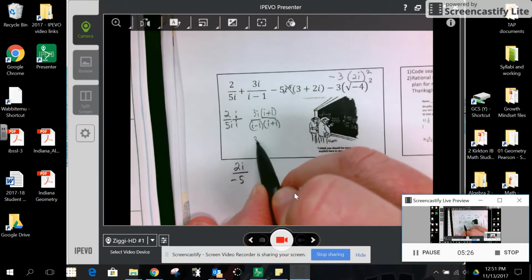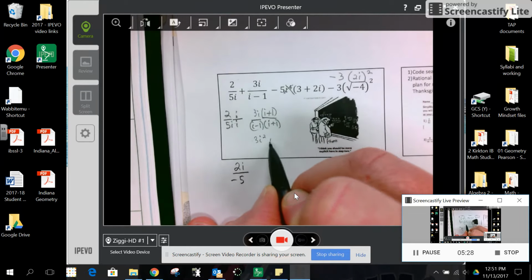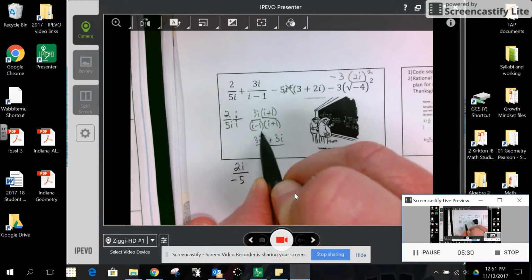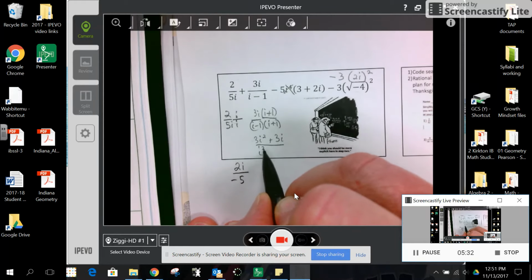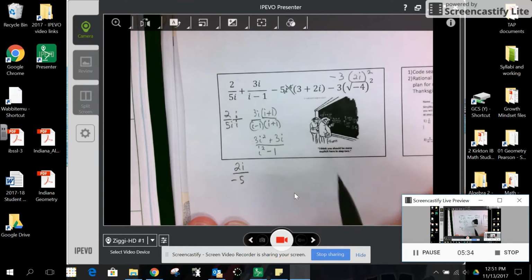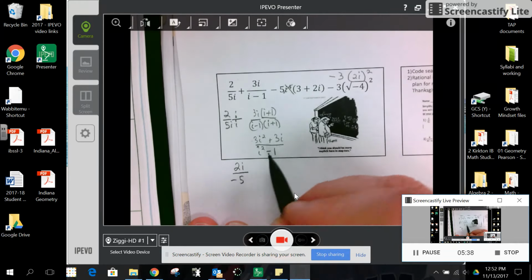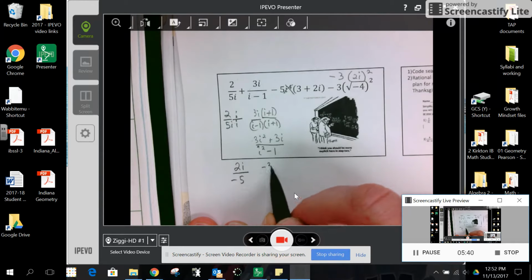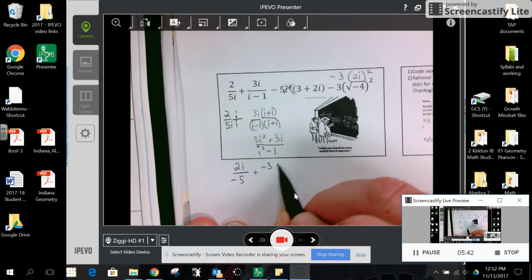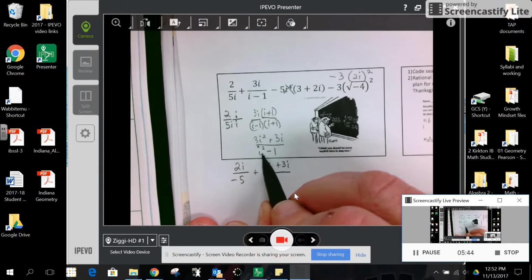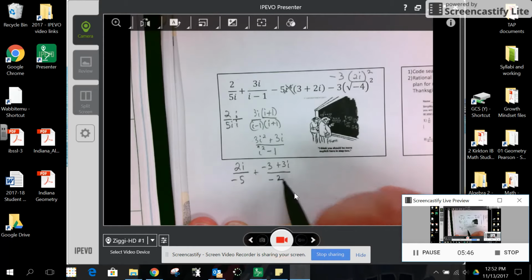So I get 3i squared plus 3i. Down here I get i squared minus 1. So 3i squared is negative 3 plus 3i, negative 1 and negative 1, negative 2.